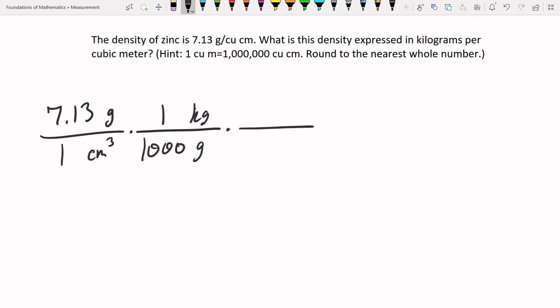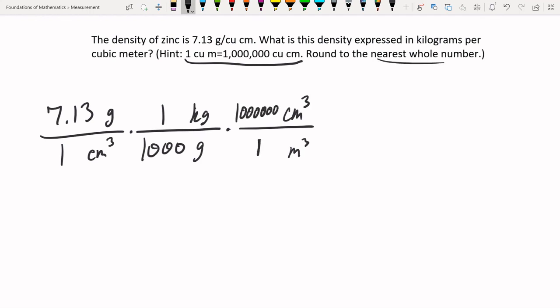And we want kilograms per cubic meter, and we have the hint here. It says 1 cubic meter is 1 million cubic centimeters. So a cubic centimeter to a cubic meter is 1 million to 1.